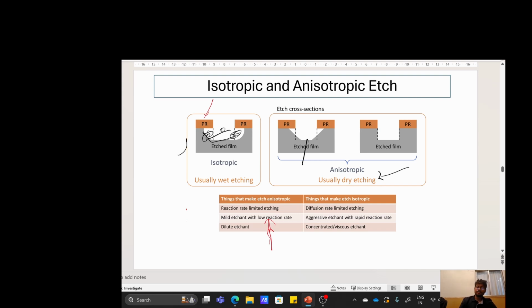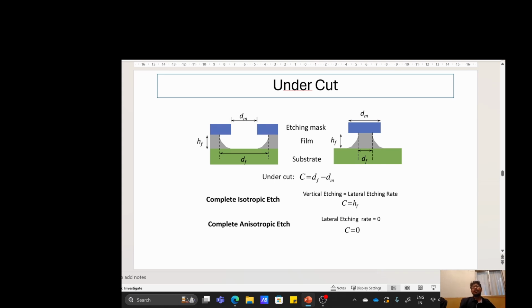Now, let us say this is the photoresist, and we wanted to etch this layer. We wanted to etch this part only, but because of the isotropic nature of the etching, there will be an under etch as well. This is dm, what we wanted, but what we got is df.